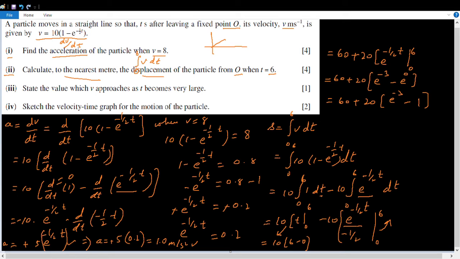Now this you can figure out on a calculator, so I'm going to use the calculator to get the exact value.